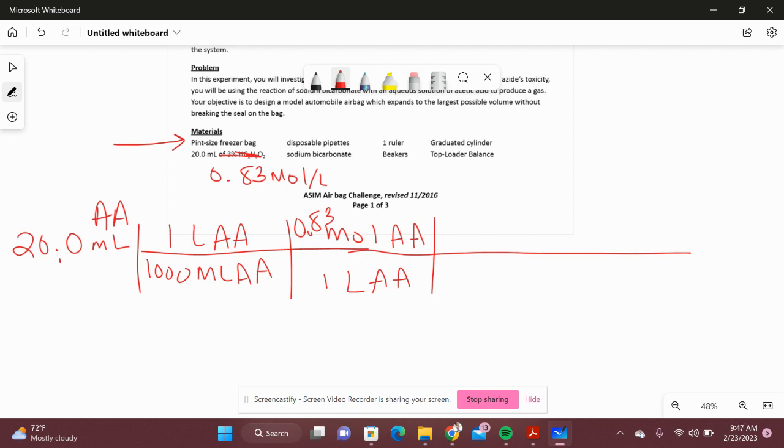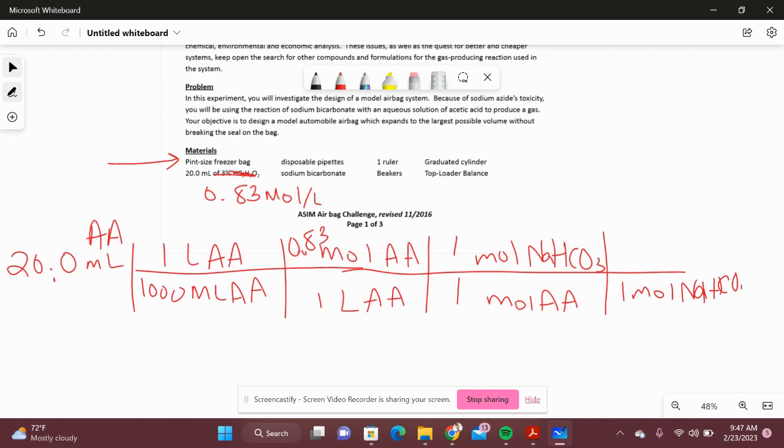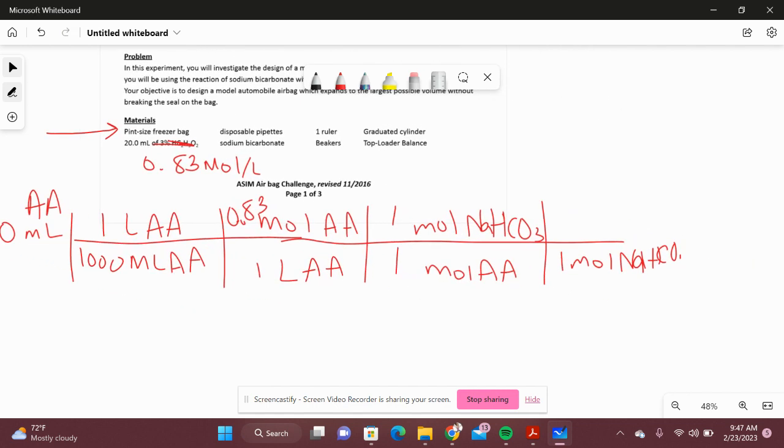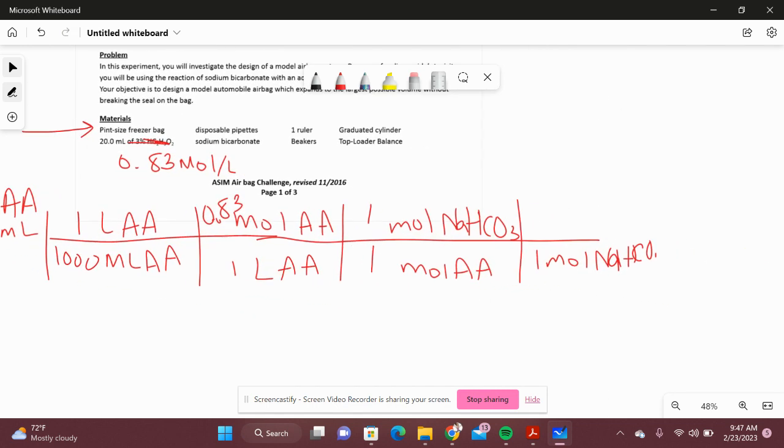And then at that point, I can go from moles of acetic acid to moles of sodium bicarbonate, NaHCO3. Yesterday we did the balanced chemical equation, and we found that that was a 1-to-1 ratio. Now I can use my molar mass to go from 1 mole of sodium bicarbonate to grams of sodium bicarbonate.